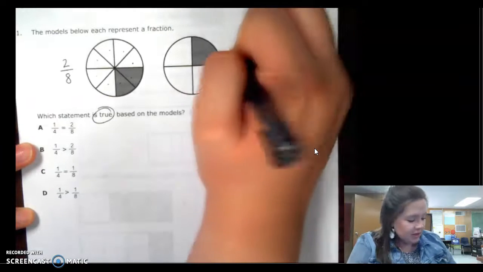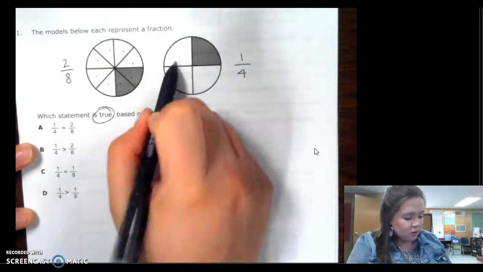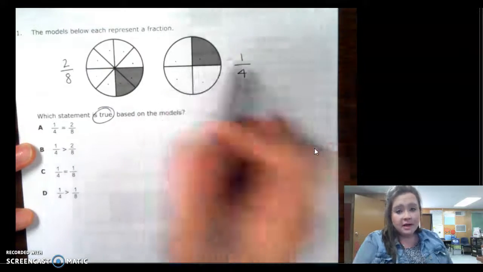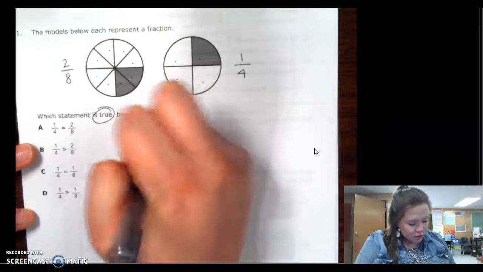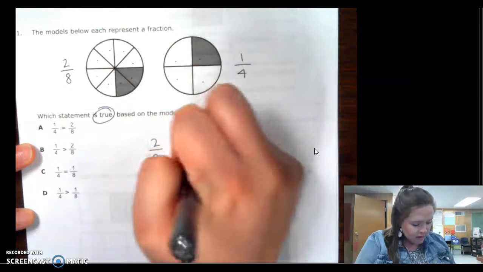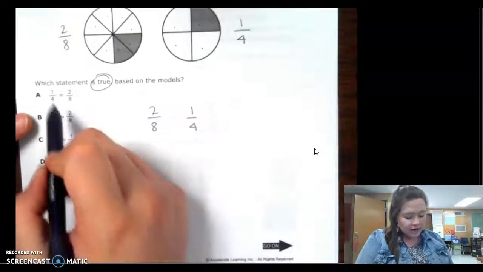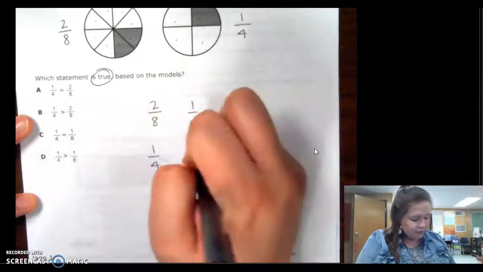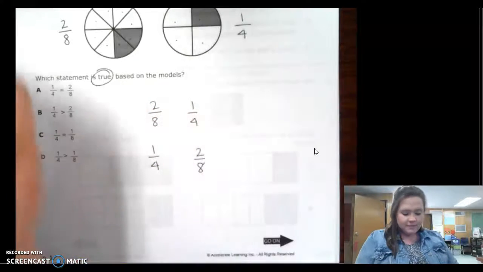This fraction, good, is 1/4. I have 4 total parts, 1, 2, 3, 4, and I have 1 part that is shaded. So that is 2/8 and 1/4. Our answer choices have 1/4 written first, so 1/4 and 2/8, okay?